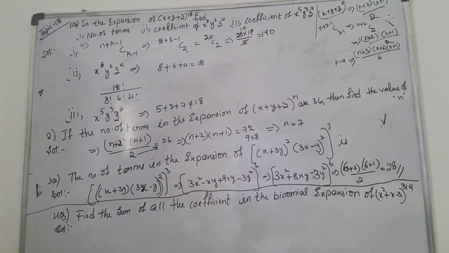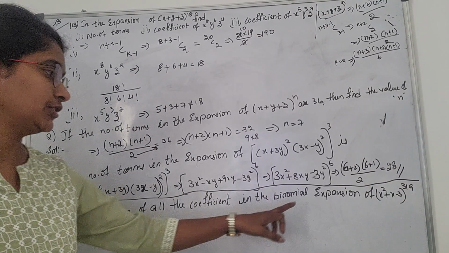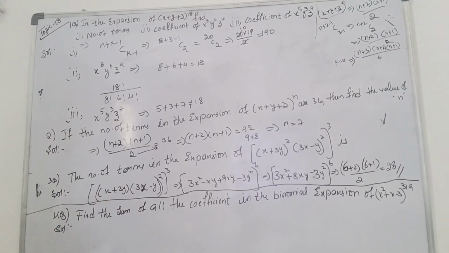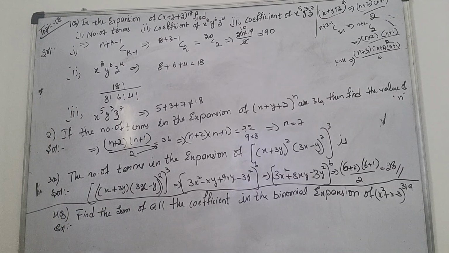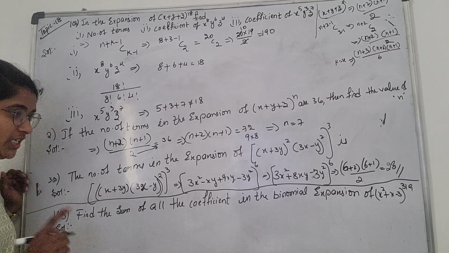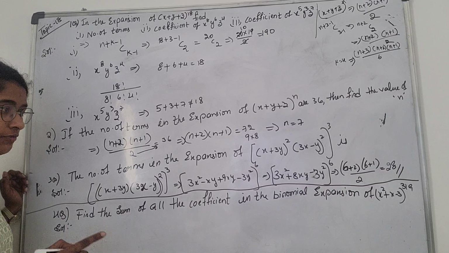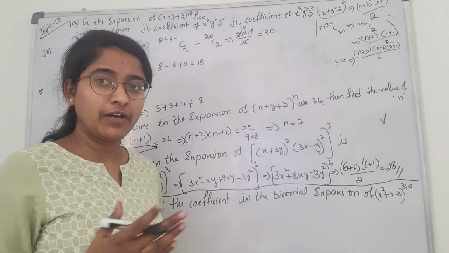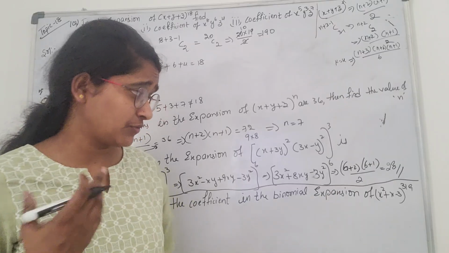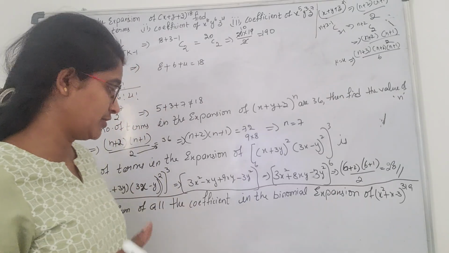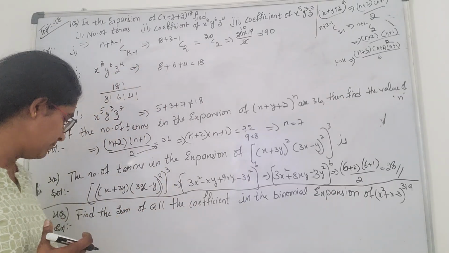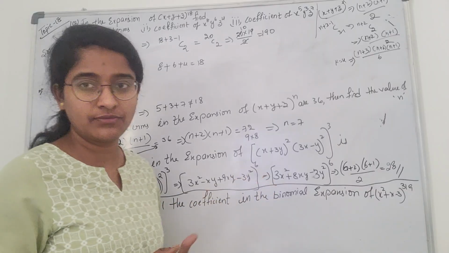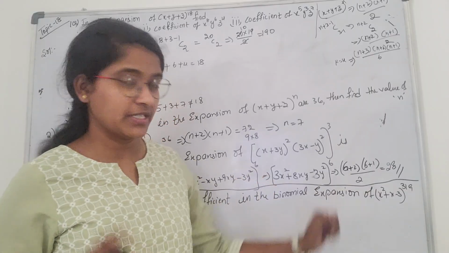So here is another question. Find the sum of all the coefficients of this expression, (x square plus x minus 3) whole power of 319. So here I can keep the value, I already explained it in the explanation part, to find the sum of the coefficients of this. So you need to keep x equal to 1.